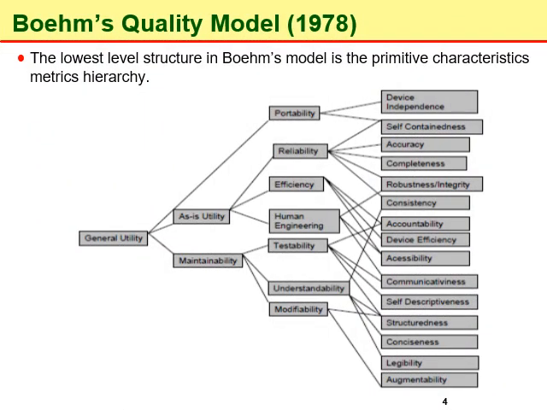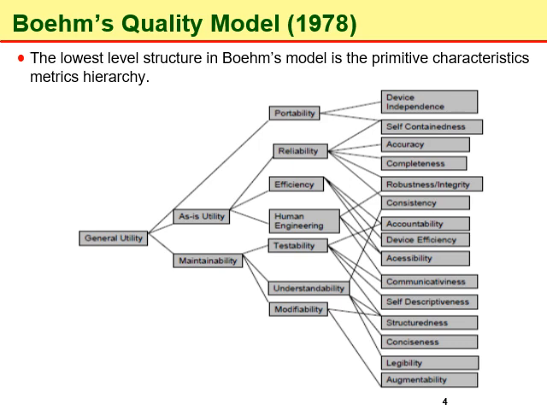Then the lowest level structure of the characteristic hierarchy in Boehm's model is the primitive characteristic metric. The primitive characteristics provide the foundations for defining quality metrics, which was also one of the goals when Boehm constructed this quality model. Consequently, the model presents one or more metrics, supposedly measuring a given primitive characteristic.